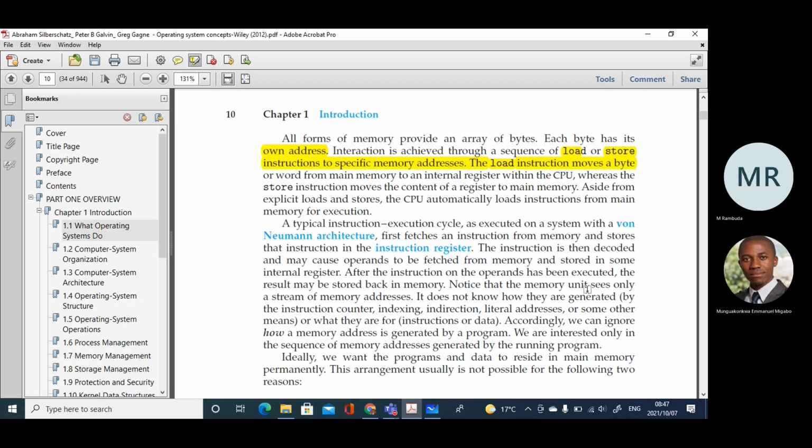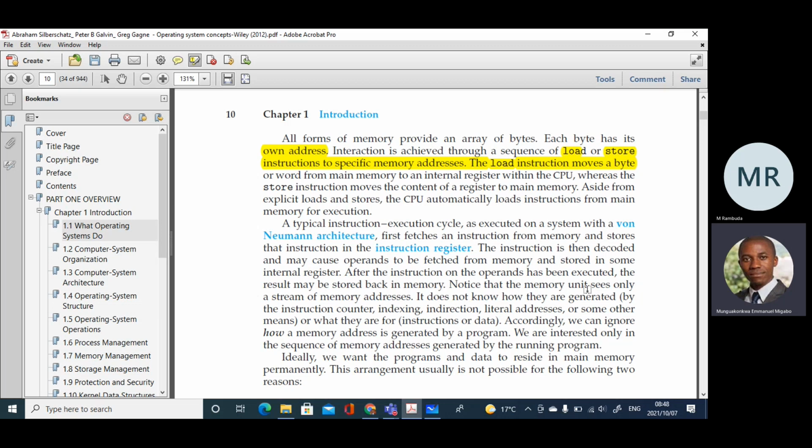Okay. So we have what we call an instruction register on the CPU side, which is where instructions are loaded. The instruction is then decoded and may cause an operand to be fetched from memory and stored in some internal register. If the instruction involves some data that needs to be fetched from memory, that data might have to be fetched through the address and data bus once more, and the instruction that was fetched before is then going to use that data to execute.